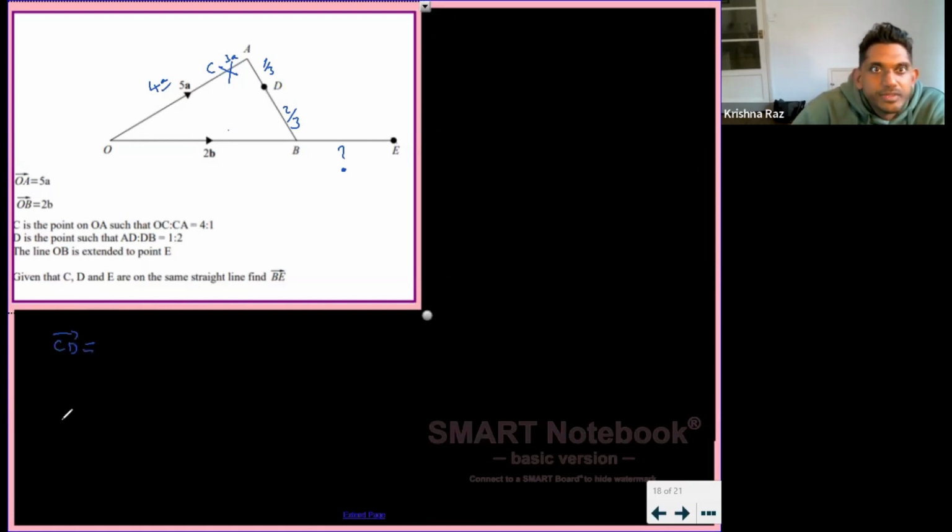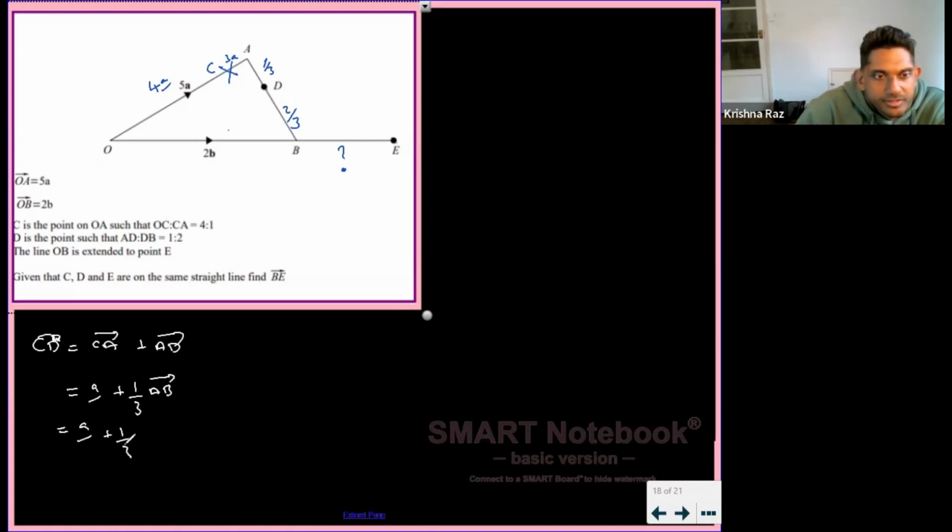So let's find CD first. Vector CD equals CA plus AD, which is 1A plus 1/3 of AB, which equals A plus a third of, and you can see AB is minus 5A plus 2B.